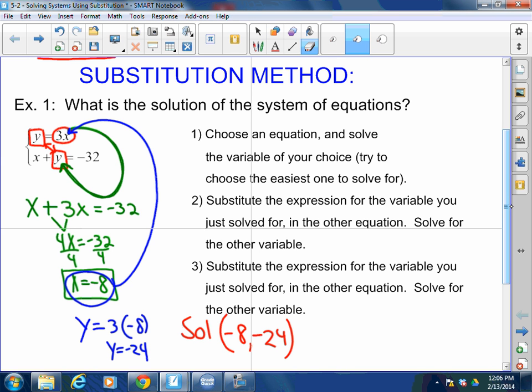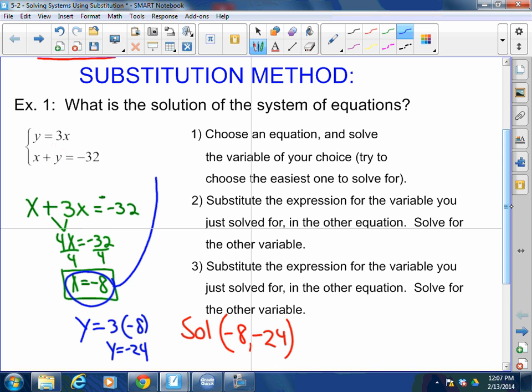If I want to check that, well, first of all, does that make sense? Everyone understands that. Now, if I want to check it, I can. Plug it in. Y they say is negative 24. Does that equal 3 times negative 8? Yes, of course it does. X is negative 8.